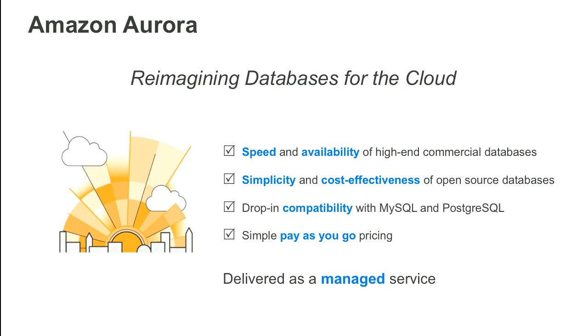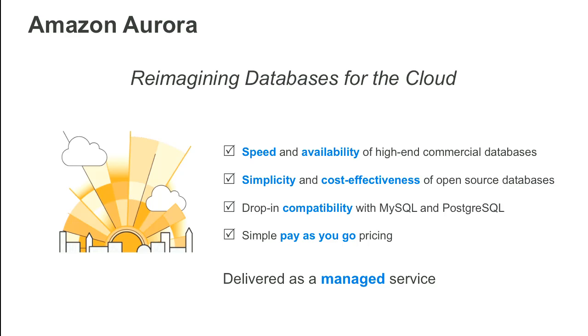So let's start with Aurora. Amazon Aurora tries to reinvent and reimagine databases for the cloud. At a high level, it's about the speed and availability of high-end commercial databases with the simplicity and cost profile of open source databases.